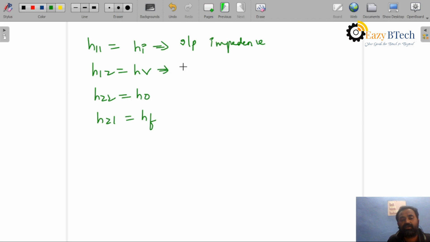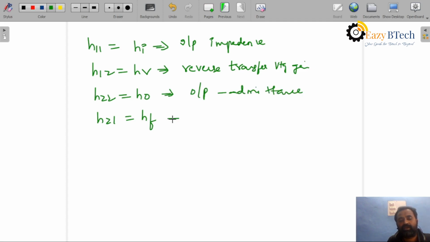HR is reverse transfer voltage gain. H0 is output admittance. HF is forward transfer current gain.